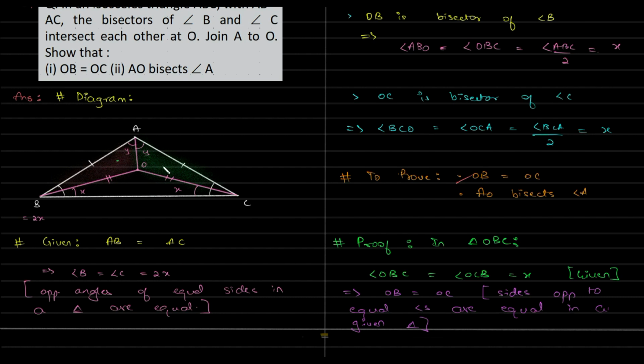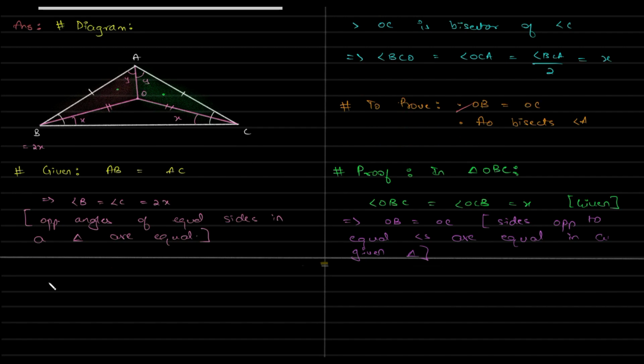How do you prove these two triangles are congruent? Well, we have AB equal to AC already given, OB is equal to OC, we just proved it, and AO is common. And so these two triangles are congruent.